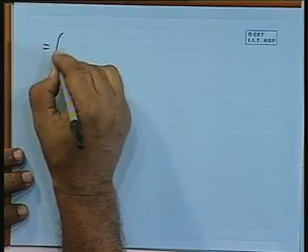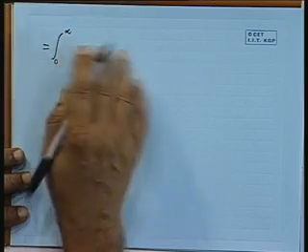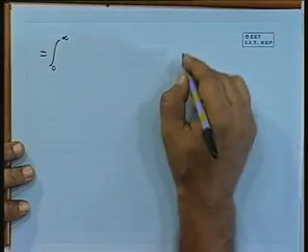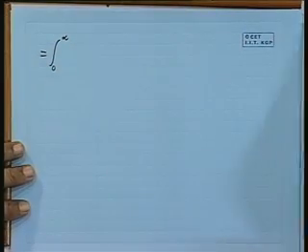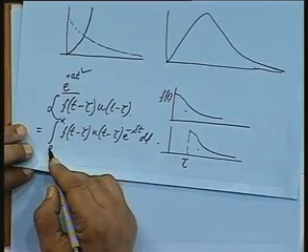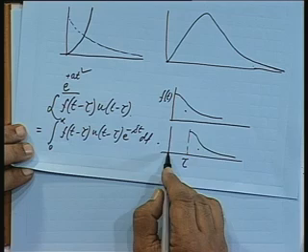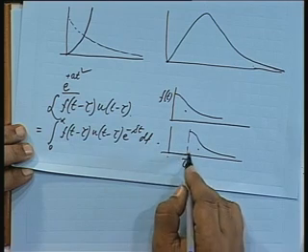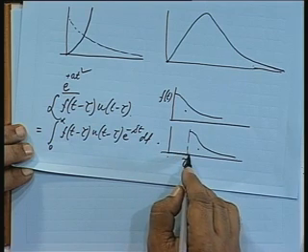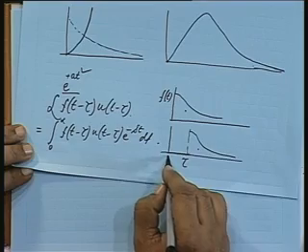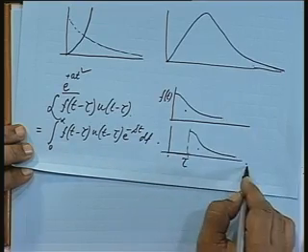Now, between 0 and infinity, the function starts after tau, that means it is 0 here. So, the integration from 0 to infinity really means tau to infinity.